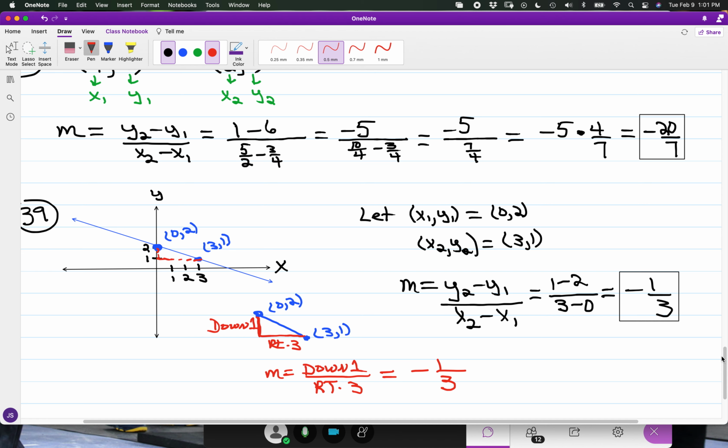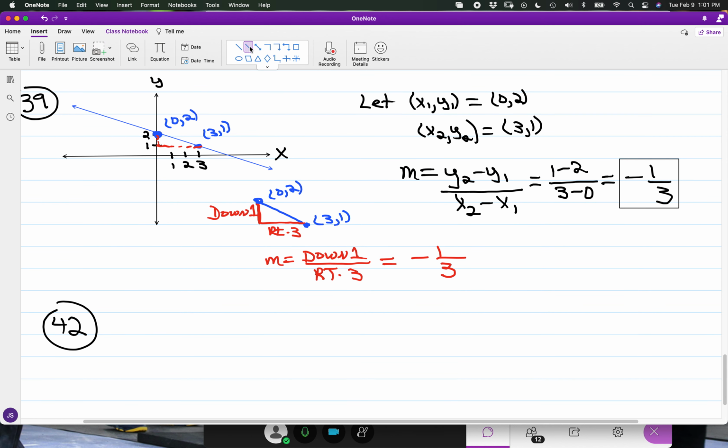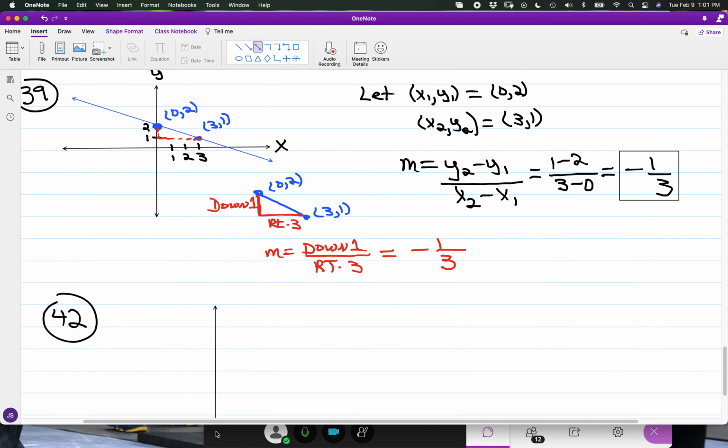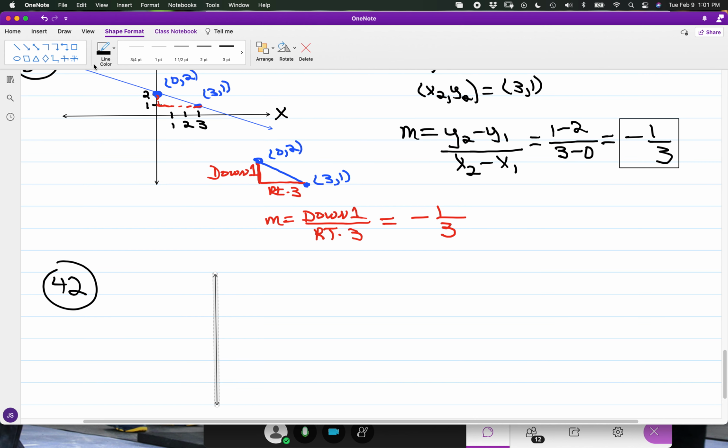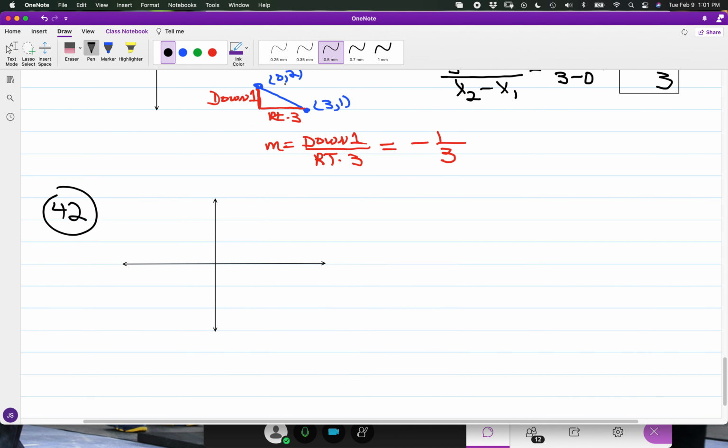And in the case of number 42, okay, now we have in this particular setup, if I just reapply the x and the y axes, it looks like we're going to have the line run between 1 and 2.